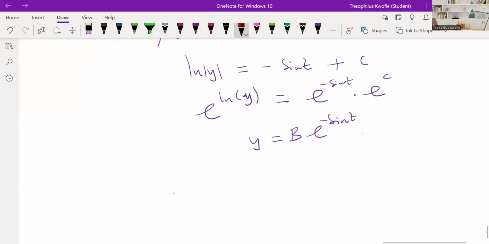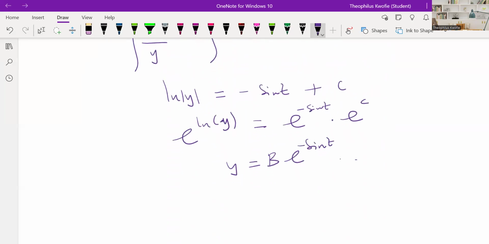Now, if there's a constraint on the problem, then this is what we call the general solution, okay? The general solution means that the problem has not been restricted within a particular time range or a particular domain, okay?